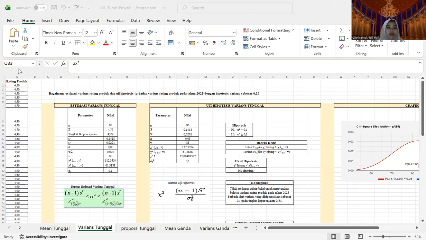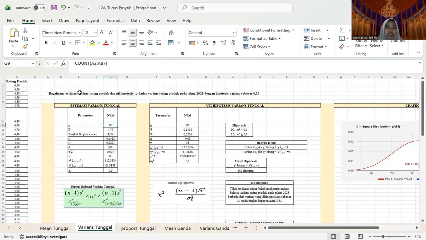Now, let's look at the data we use to study. This data set represents product ratings in 2025. Here are some of the values, like 4.5, 4.5, 4.5, and so on until 86 observations. We collect these ratings to analyze how consistent or variable the product performance is.